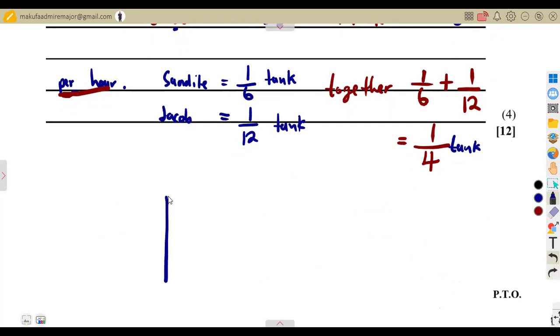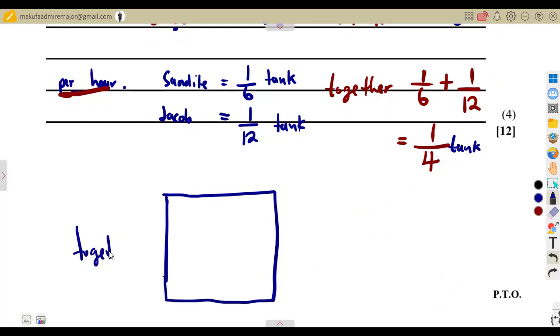So this is the tank. They are working together now. So we want to see how many parts we have on this tank. This tank is made up of 4 parts, the denominator, 4 parts.